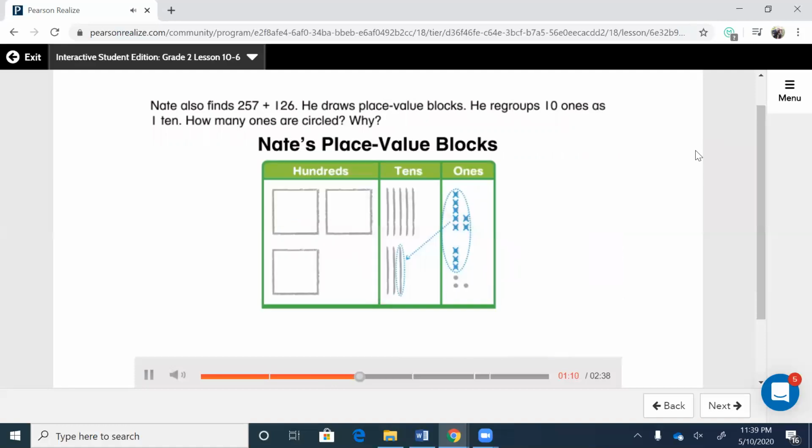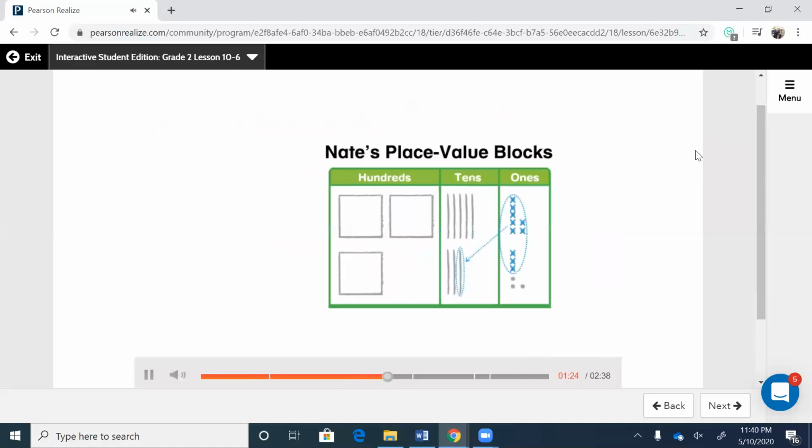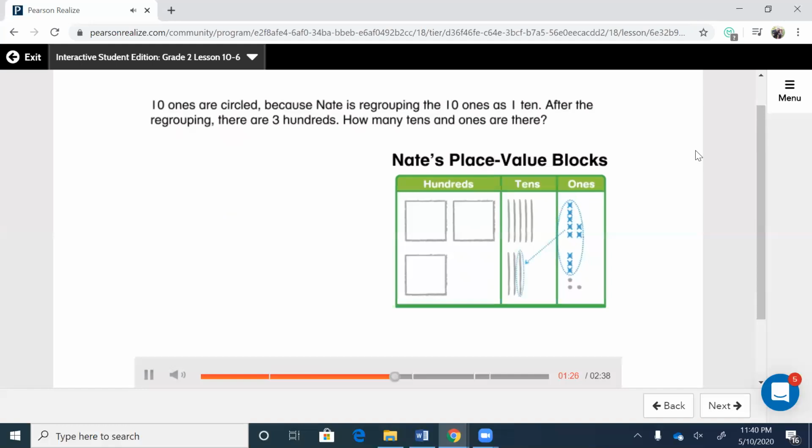Nate also finds 257 plus 126. He draws place value blocks. He regroups 10 ones as 110. How many ones are circled? Why? 10 ones are circled because Nate is regrouping the 10 ones as 110. After the regrouping, there are 300.